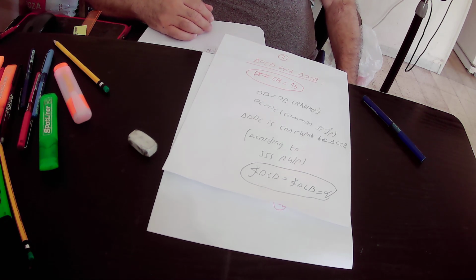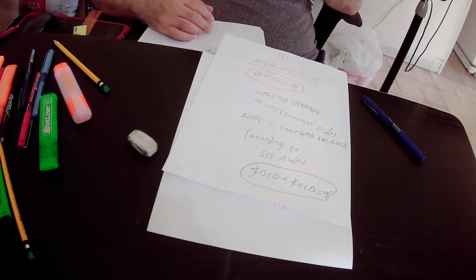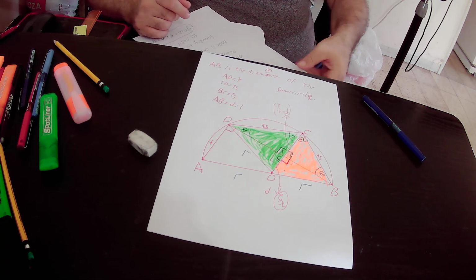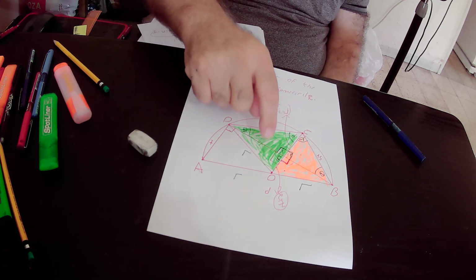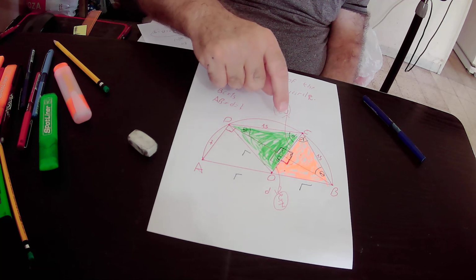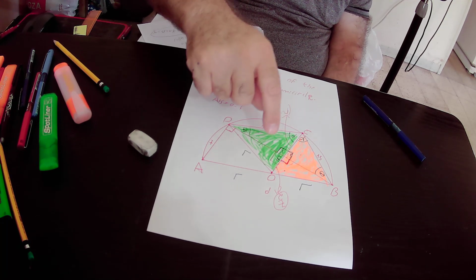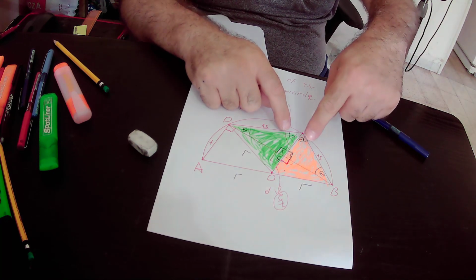Therefore, the orange triangle is congruent to the green triangle according to the side-side-side rule, and therefore angle DCO will be equal to angle BCO.